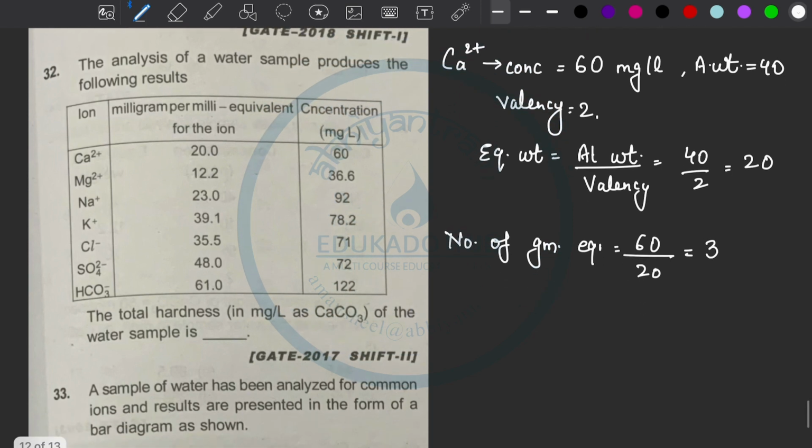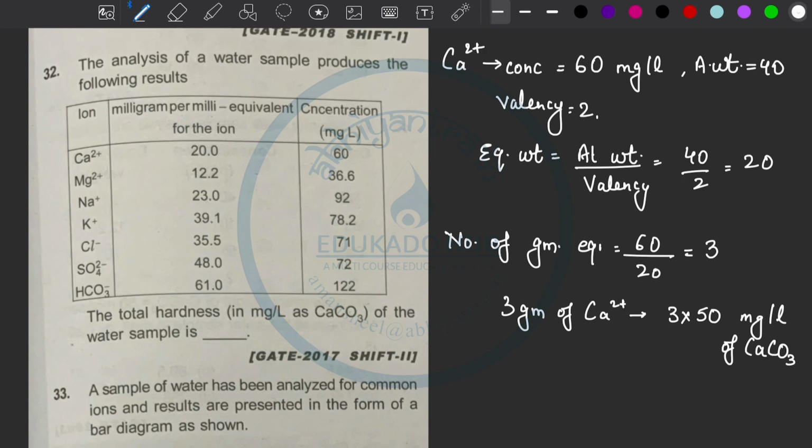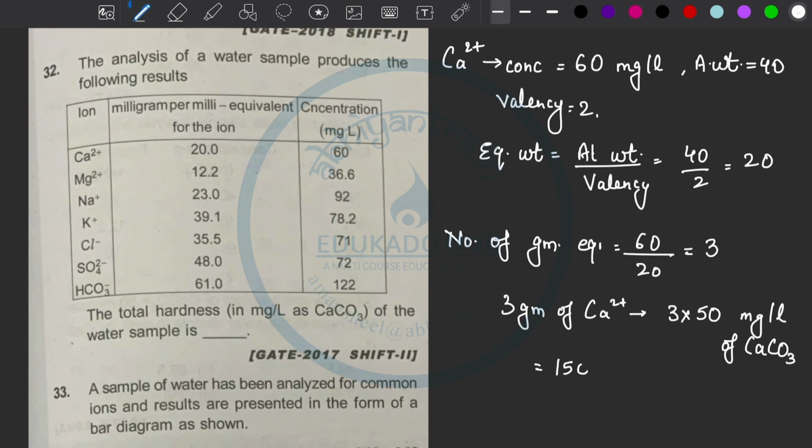So 3 gram equivalents of calcium ion is equivalent to how many milligram per liter of CaCO3, that is 3 into 50 milligrams per liter of CaCO3. So that is equal to 150 milligrams per liter of CaCO3.